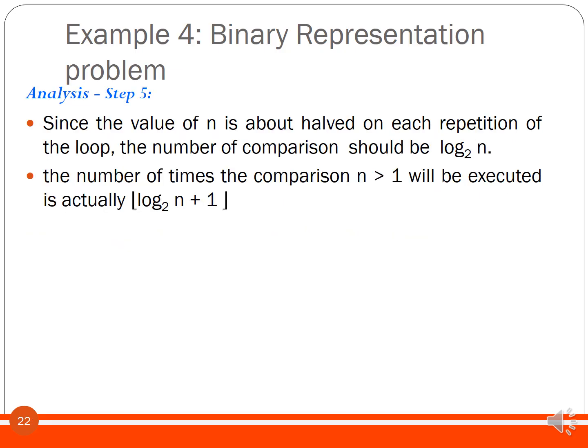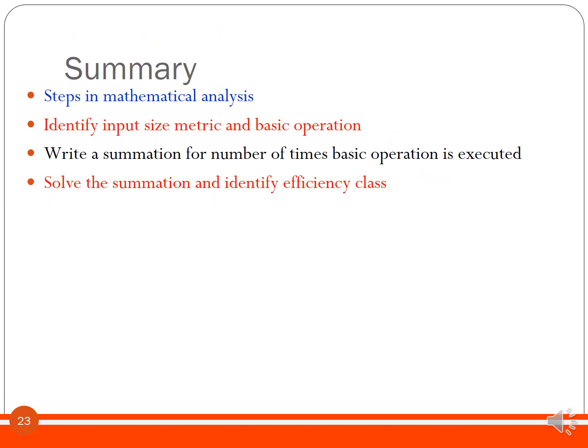Each iteration reduces the value of n by half. Therefore, the number of iterations is approximately log base 2 of n. Hence, the efficiency class of this algorithm is big O of log n, which is highly efficient for large inputs.